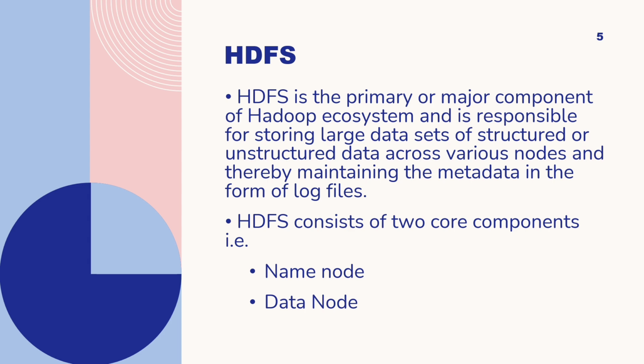HDFS is the primary or major component of the Hadoop ecosystem, and it is responsible for storing large data sets of structured or unstructured data across various nodes, thereby maintaining the metadata in the form of log files. HDFS consists of two core components, that is name node and data node.